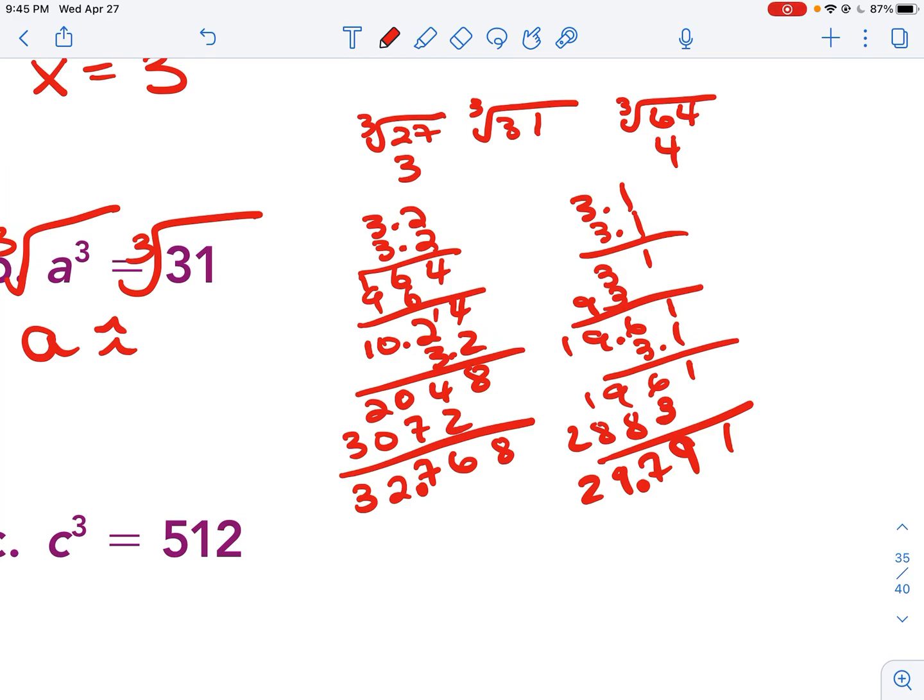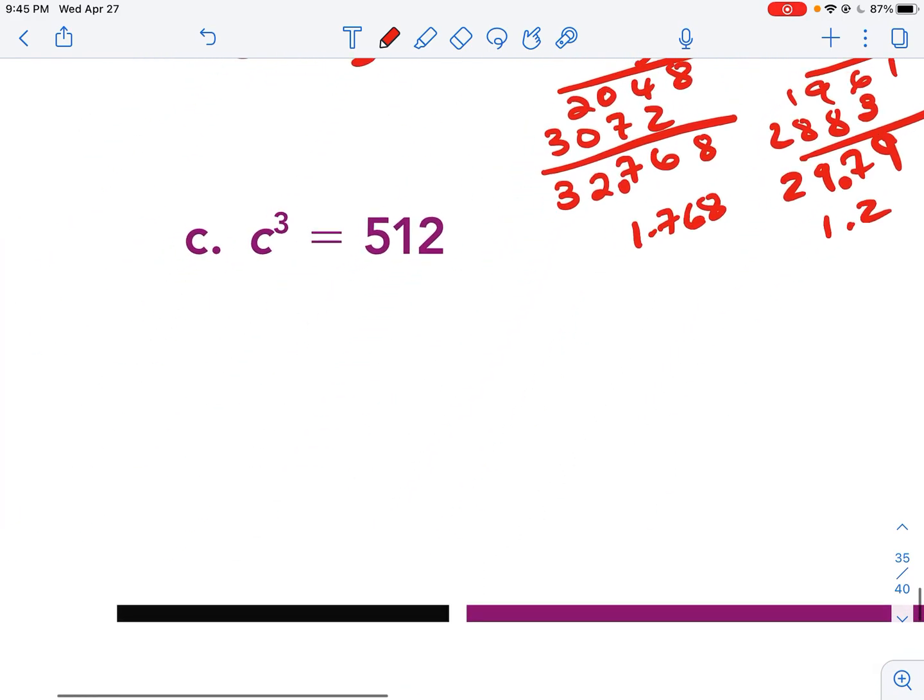Let's see. 32.768 minus 31 gets me 1.768, and 31 minus 29.791 will get me 1.2. So this is approximately 3.1.